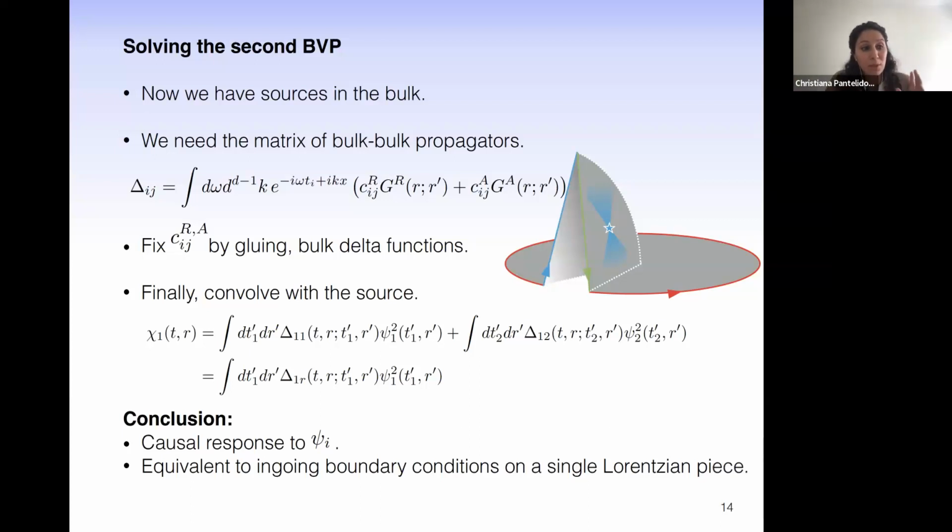In particular, say at the level of 2-point functions, we computed G_RA. Say we wanted to compute G_AR.